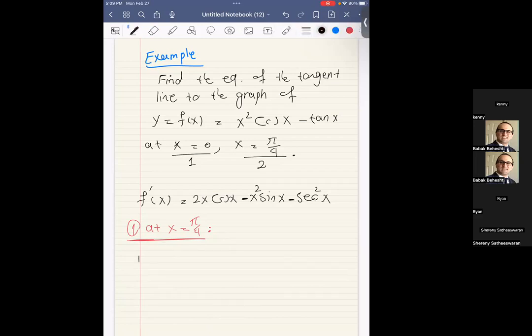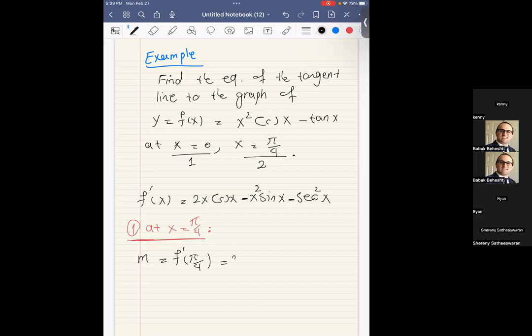So m is the derivative f prime at pi over 4, which is equal to: cosine of pi over 4 is root 2 over 2.